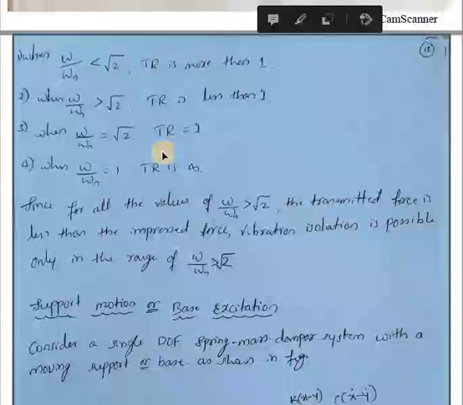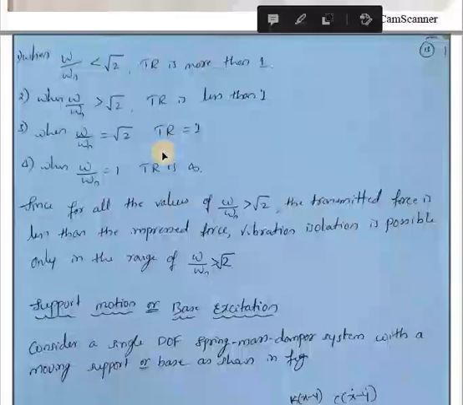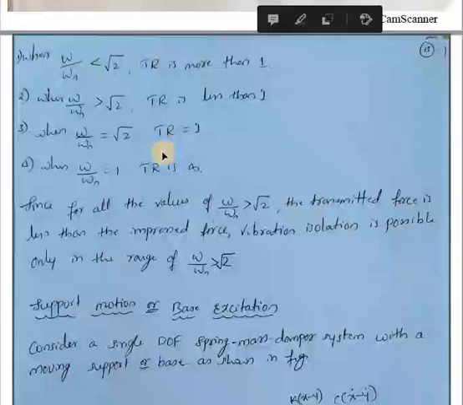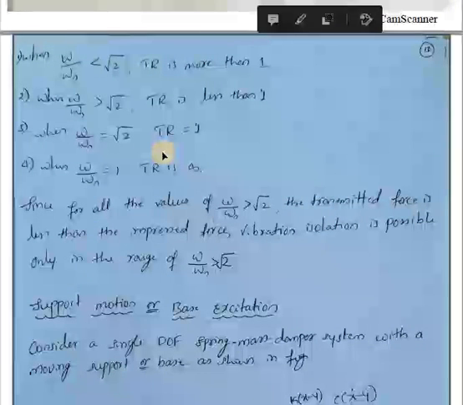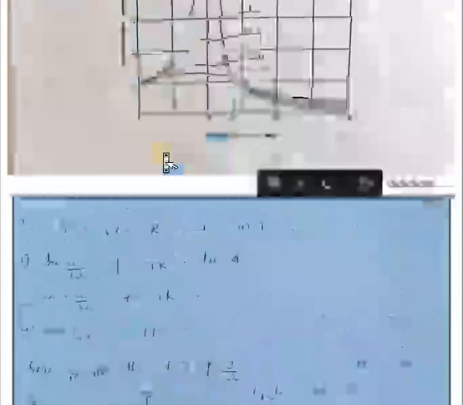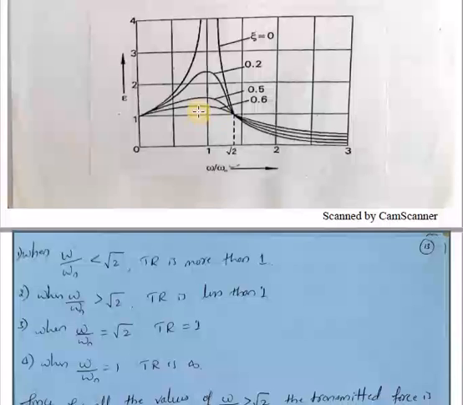Therefore, for all values of omega by omega n greater than root 2, the transmitted force is less than the impressed force. So vibration isolation is possible only in the range where omega by omega n is greater than root 2, which you can observe from this graph. Only up to here the vibration isolation is possible. Okay.